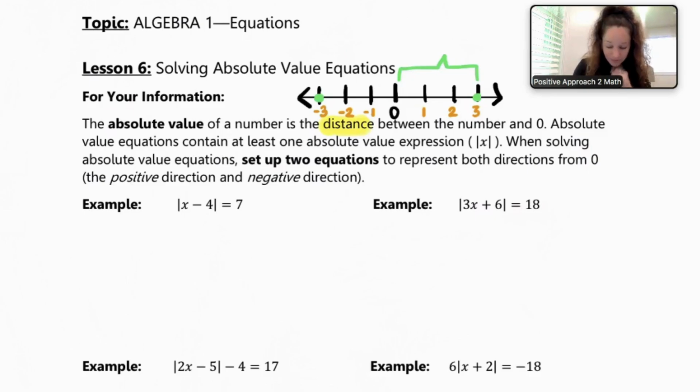So I did a little number line here. You'll see that if I have a point marked at positive 3, and I count how many ticks from 0 that is, it's 3 ticks away from 0. Now, if I put a point at negative 3 and count, that's 1, 2, 3.